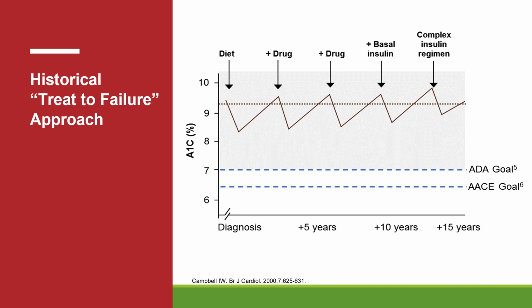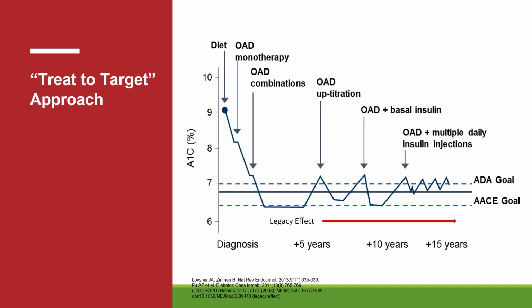We just kind of keep waiting to add things until they get worse. And we are trying to do the treat to target approach here in APD primary care, using all tools that we have, including CGM, if warranted, to help our patients get down into that therapeutic range and to have early control and the benefit of the legacy effect.